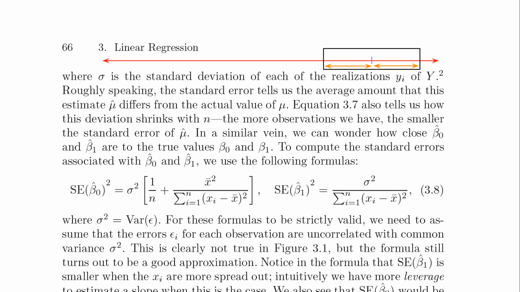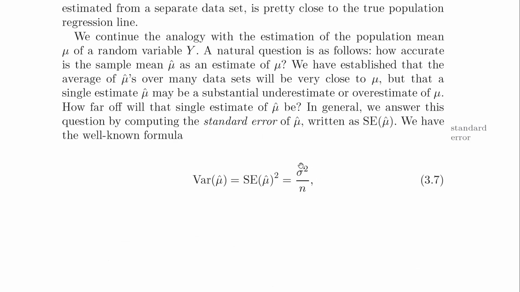Of course, you want to minimize the width of that interval. The narrower it is, the more certainty you have in future predictions. And there's this dance between sigma and the number of observations.